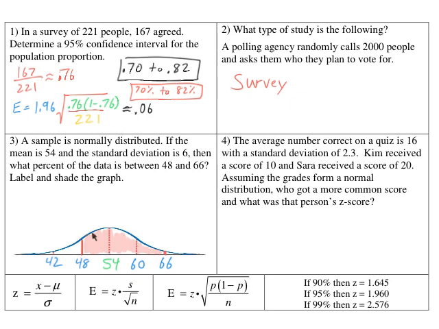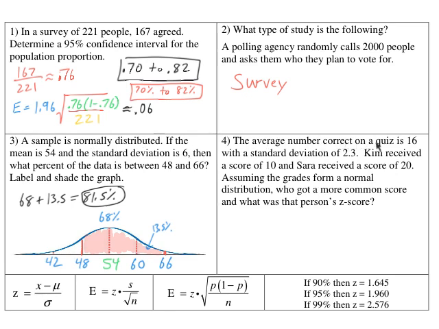Hopefully you remember that within one standard deviation both ways is 68%. So right here is 68%. And then this little piece right here is 13.5%. If we add those two together, 68 plus 13.5, we get 81.5% of it will be between these two if it's normally distributed.